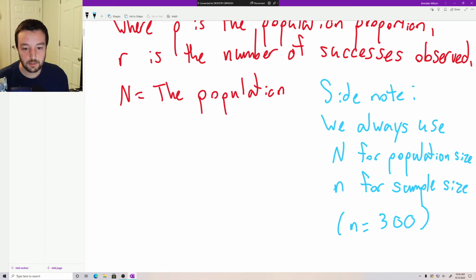Big N, we typically don't even know what it is because it's hard to know the exact number of the population. It depends on the context. Like with test scores, then yeah, we probably would know. But with the total number of eligible voters in the US, for example, that's a number that's always changing, so it's hard to really know exactly what it is.